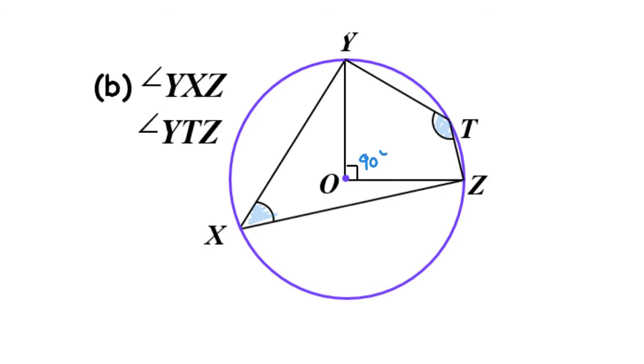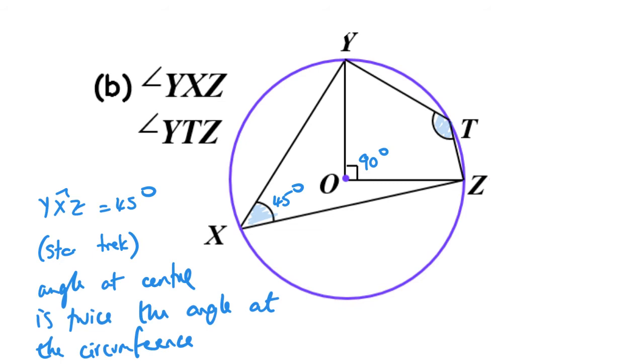So we've got 90 degrees here. That means the angle YXZ is going to be 45 degrees. YXZ is 45 degrees. This is the Star Trek rule, where the angle at the middle is twice the angle at the circumference.